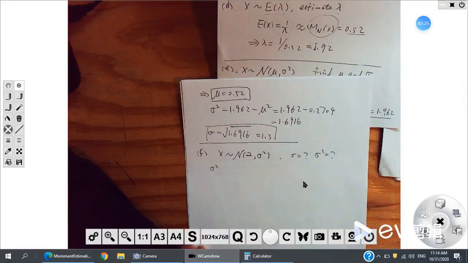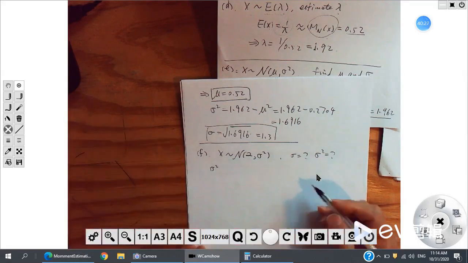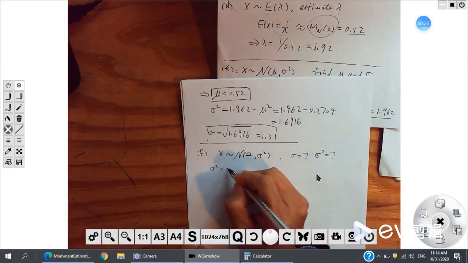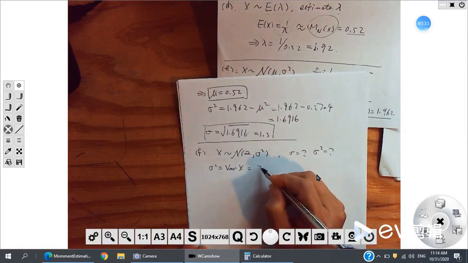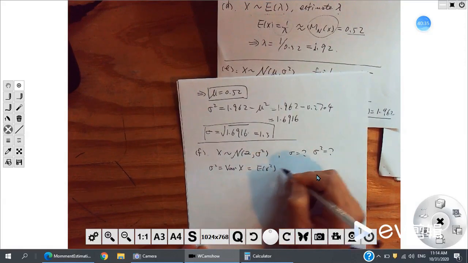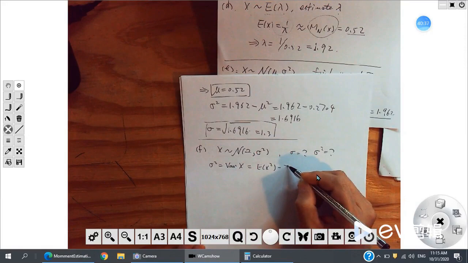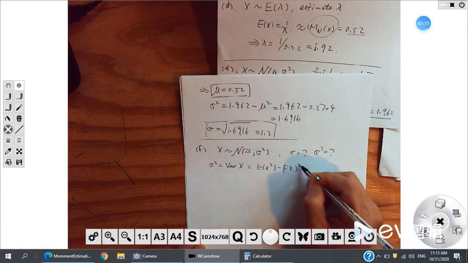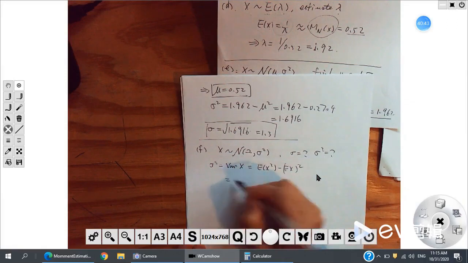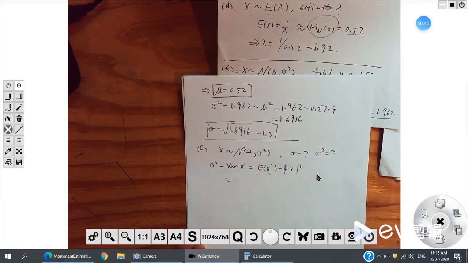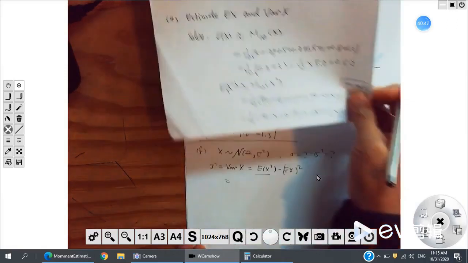Sigma squared is the variance of x, so it is E of x squared minus the square of E[X]. So we need to calculate E[X squared].